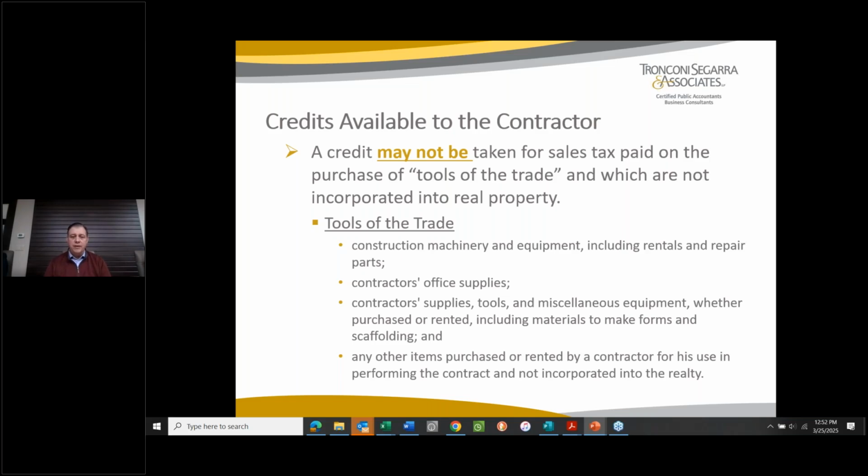So no machinery and equipment, including rentals, repair parts, no office supplies, tools, anything like that. That's something that's on your own. You're using and consuming that, so that would be considered taxable. Anything not incorporated into the real property, you cannot use an ST 120.1 for.